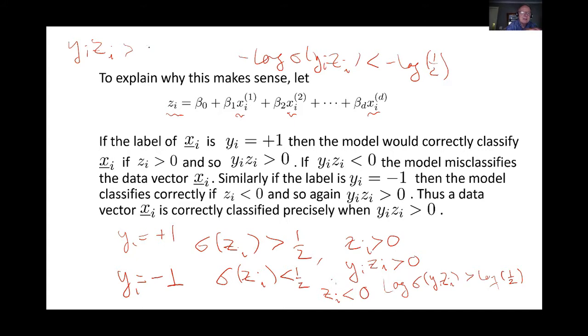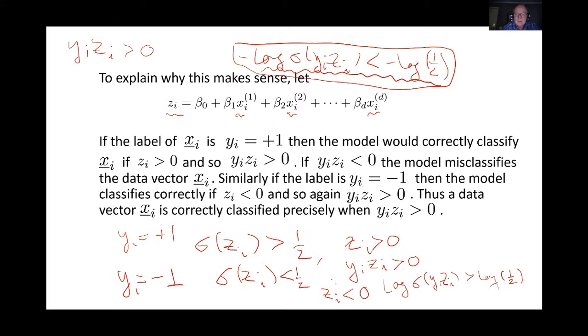So in all cases, we want this yi times zi to be positive, because that's going to give us the correct classification of the data point xi. So if this is positive, we have this thing here. The more correctly classified points we have, the more of the terms are going to satisfy this condition, and so we're going to have lots of terms that are smaller than minus log a half.